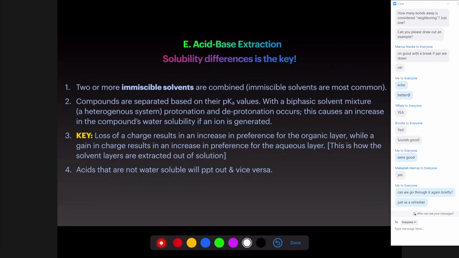So in acid-base extraction, you're going to have a solution, and then you might have something like bubbles that come up to try to go into that layer.